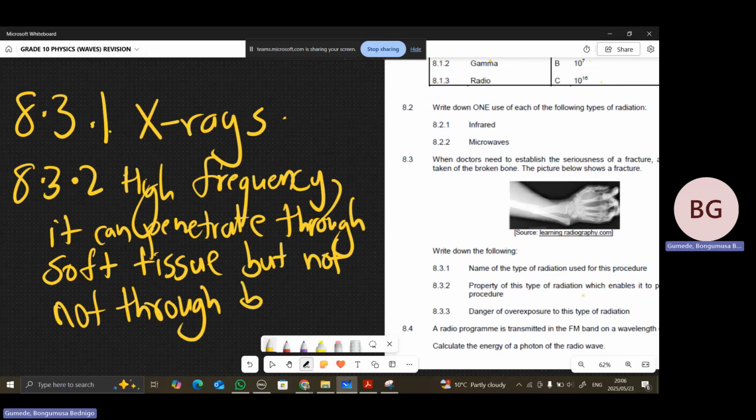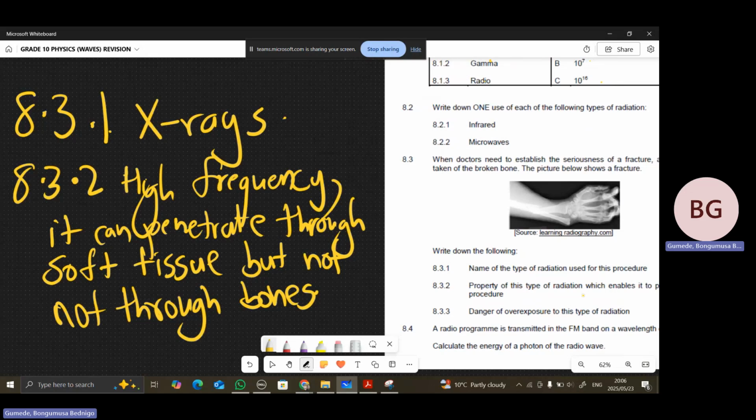Which means if we are applying that radiation, it only ends up in the bones, making the bones more visible because it cannot go through the bones. It can only move through the soft tissue.